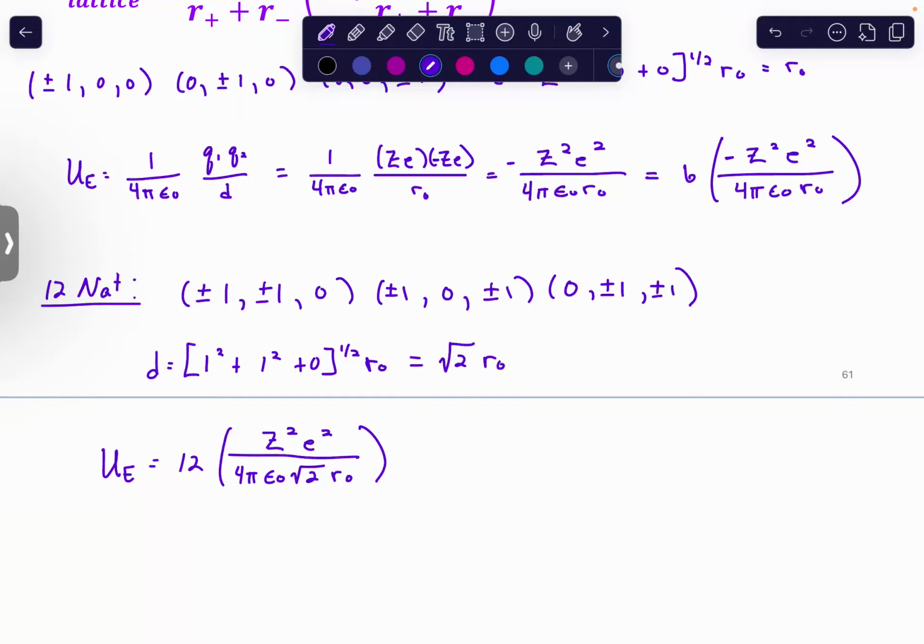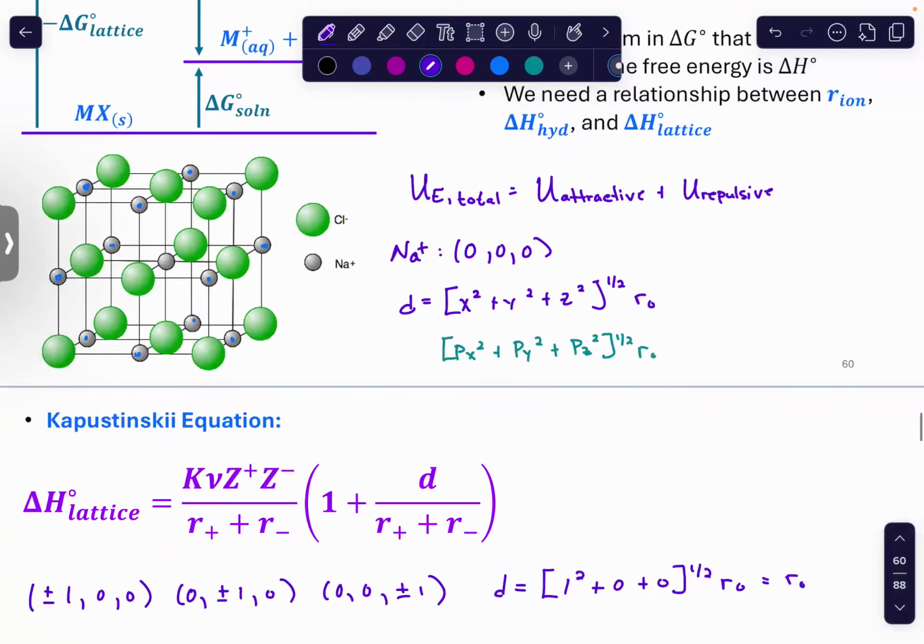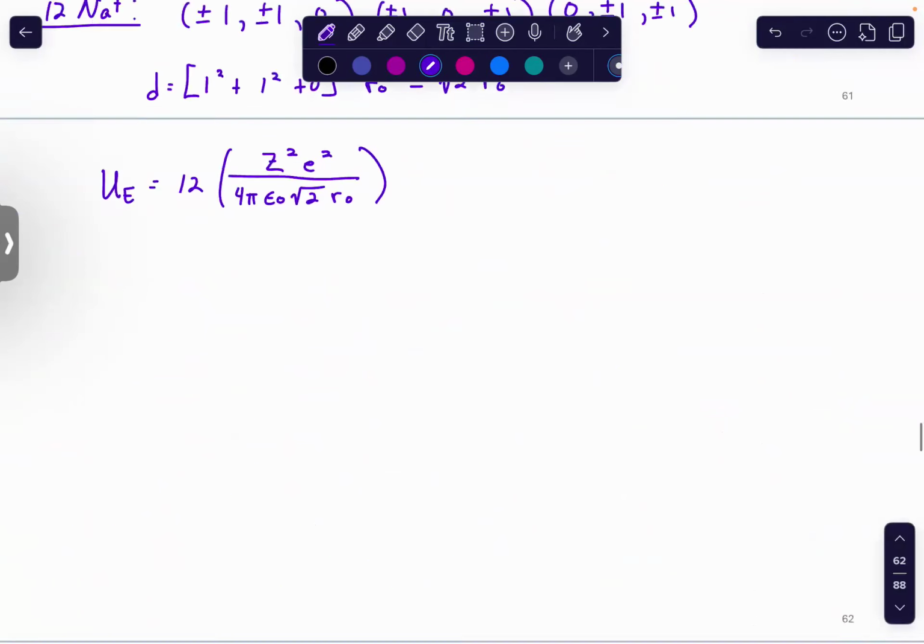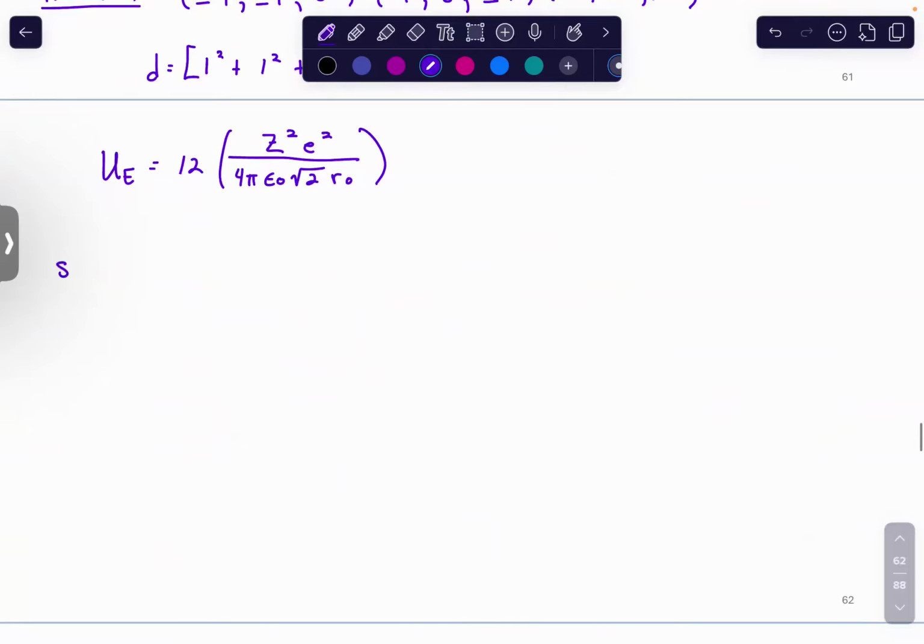And so then we have 8 more chlorides at these positions. So that's going to be 8 of those, and those are going to be various combinations of those.